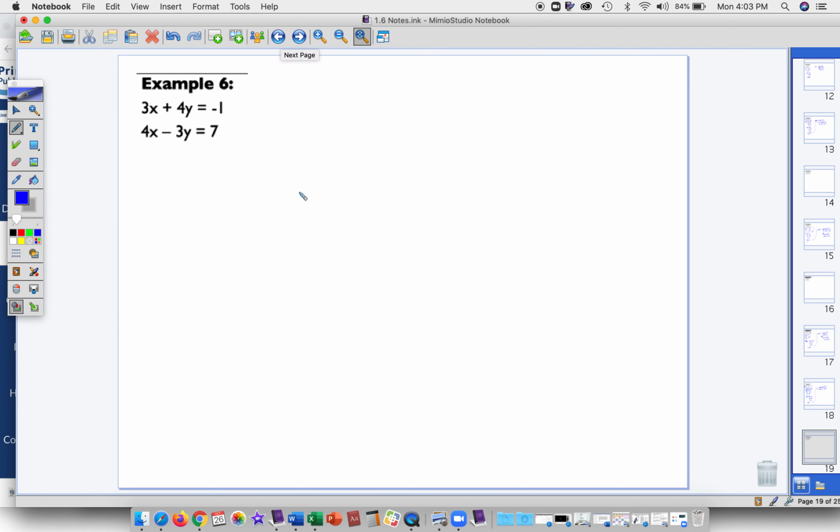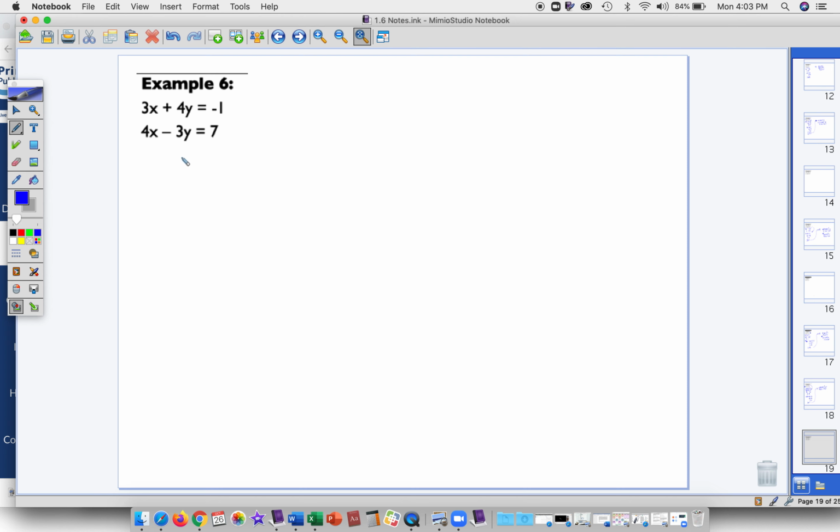Okay, so example 6. This one is also different because now, if you notice, I can't just multiply one equation by a number to make opposites. So this is the last case, where you have to multiply both equations.